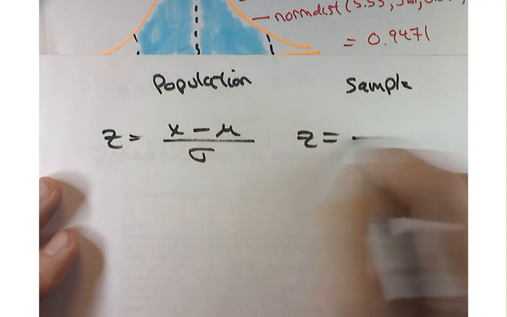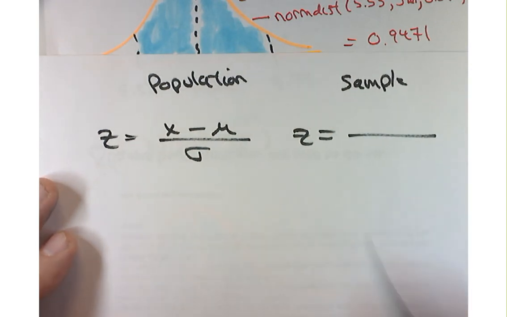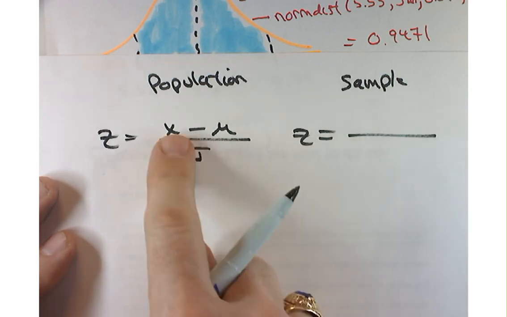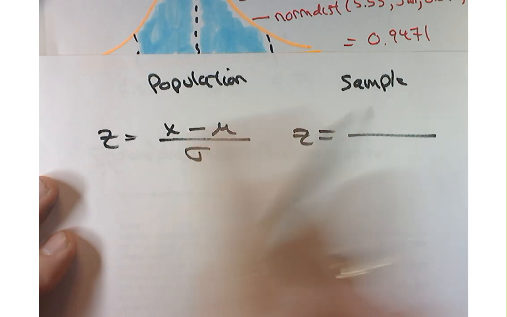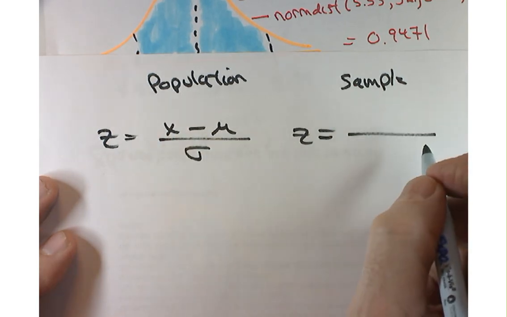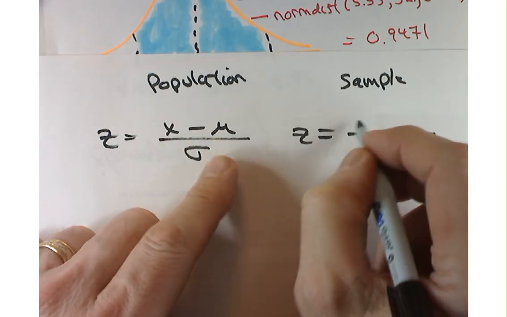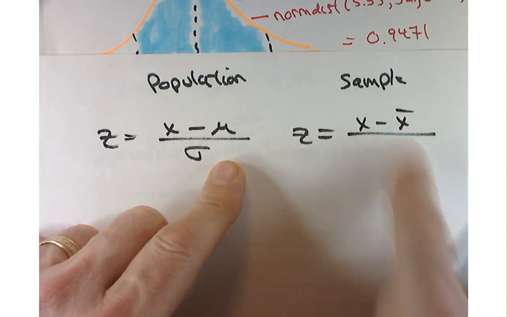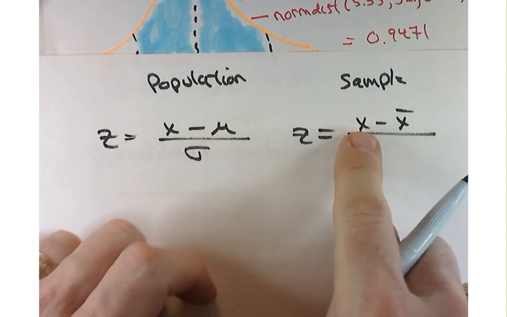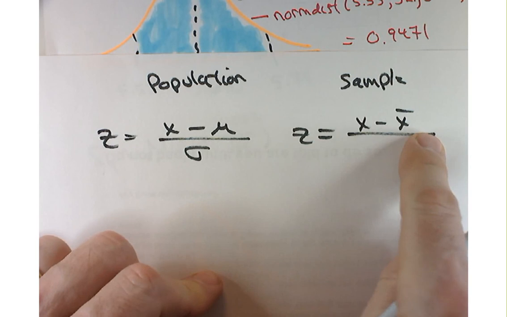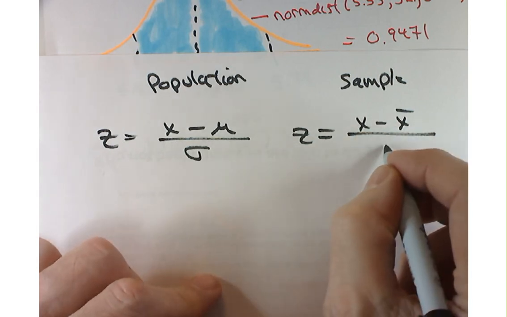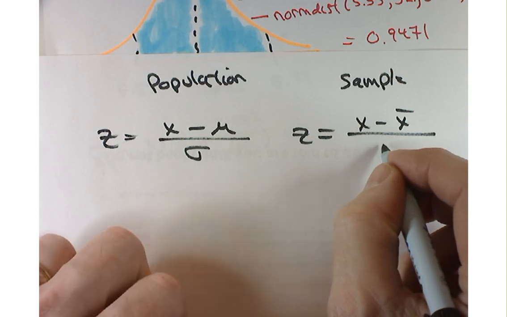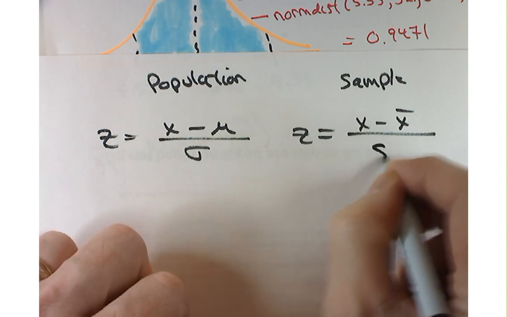Is that the one with the x bar? That's the one with the x bar, but where's x bar going to go in this formula? At the top. Where in the top? Here or here? The first one? Oh, so close. X bar is your mean, so it's always your value minus the mean, divided by the standard deviation, which in this case, sample standard deviation, is S.